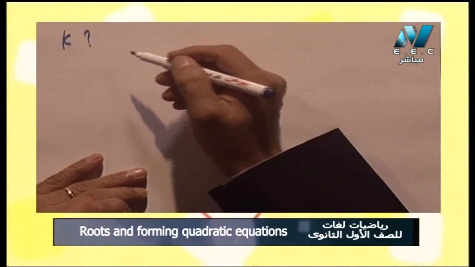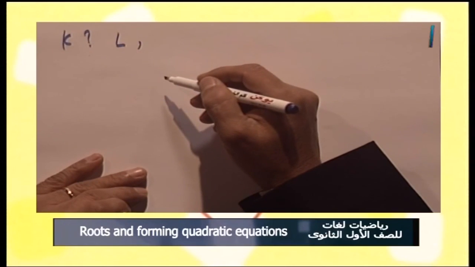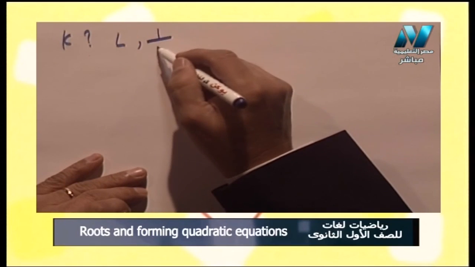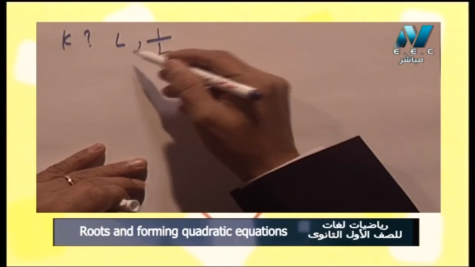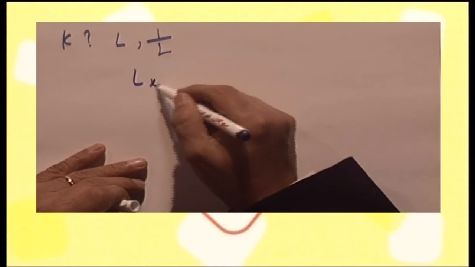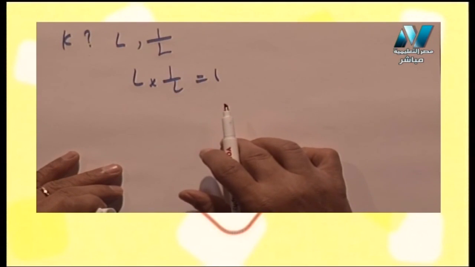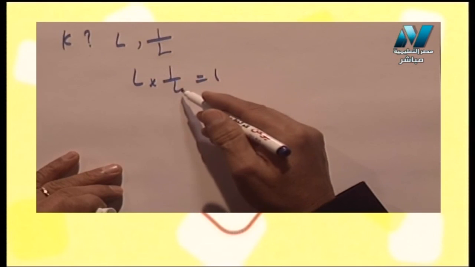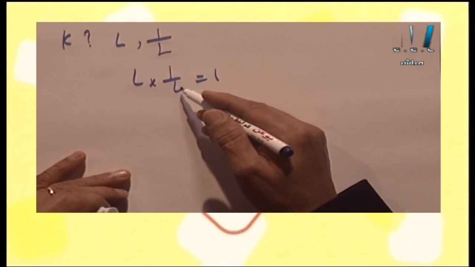If one root is L, and the other is the multiplicative inverse of it, it will be 1 over L, okay? And L multiplied by 1 over L will be 1, because the product equals 1, because one of them is the multiplicative inverse of the other. And we want to find k.